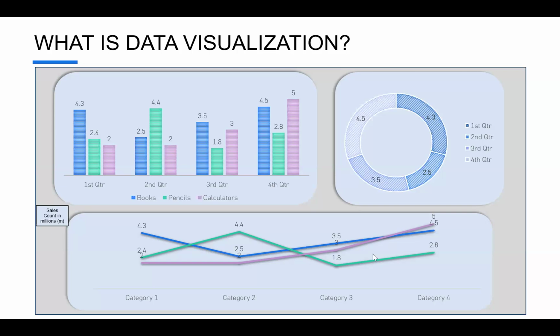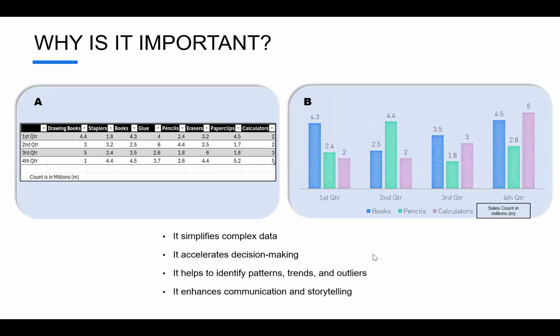In simple terms, I like to explain data visualization as a way of transforming numbers into pictures, simplifying a dense collation of numbers into simple charts, such that it makes sense at a glance.